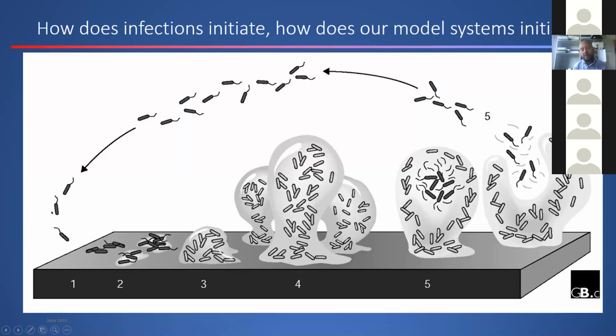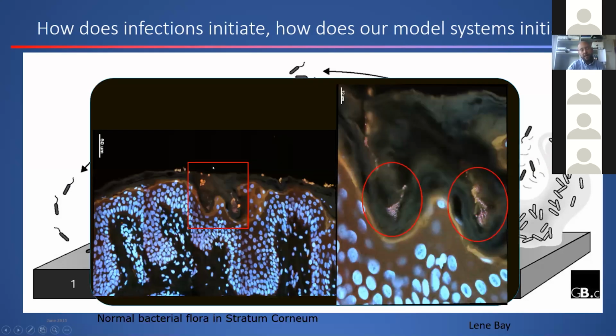But that doesn't really correspond to what we know, that most of the bacterial biomass in the environment, also on human beings, is in small aggregates. That we can see, for example, by visualizing bacteria on the human skin. This is fresh and healthy skin, and we can see in these small crevices the aggregates of bacteria, and not really planktonic bacteria.